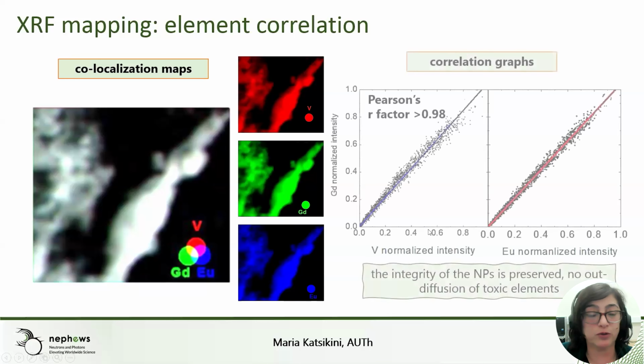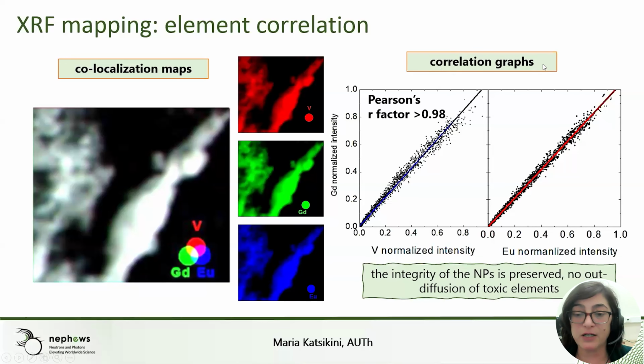An additional method to test this is to prepare correlation graphs where we have the intensity of gadolinium versus the intensity of vanadium or europium. Each data point in this graph corresponds to one point in this map.